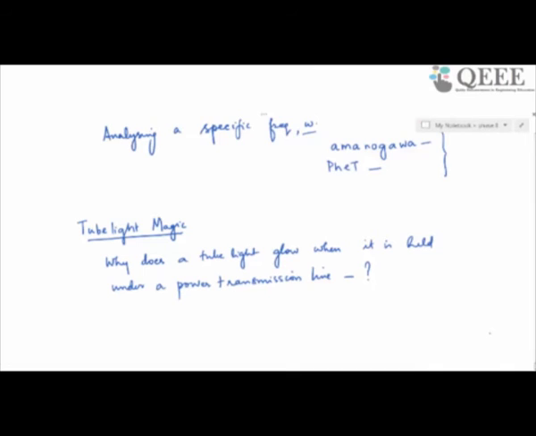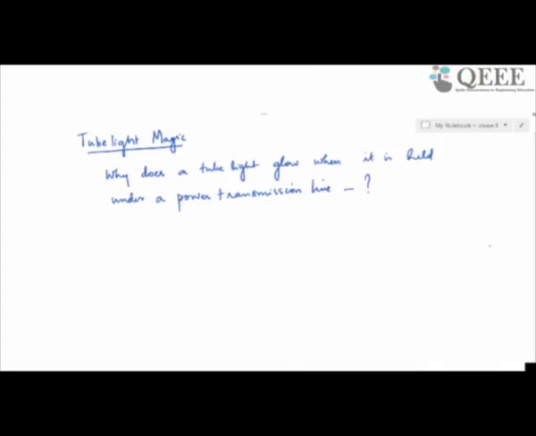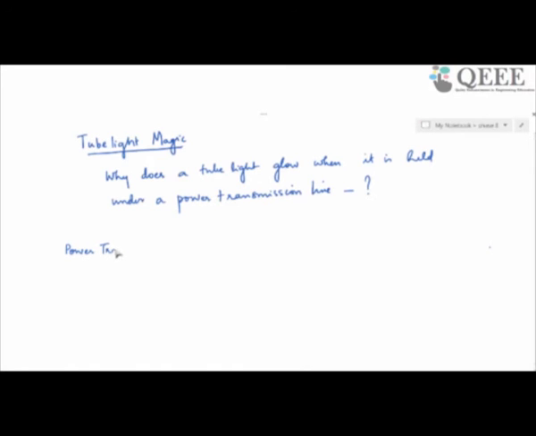Okay, if there is no other question, let us start solving the tube light problem. So, let us get some specific details. Power transmission line is a 3-phase line, which means that there are 3 conductors.